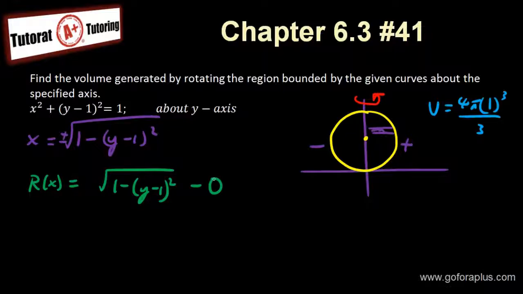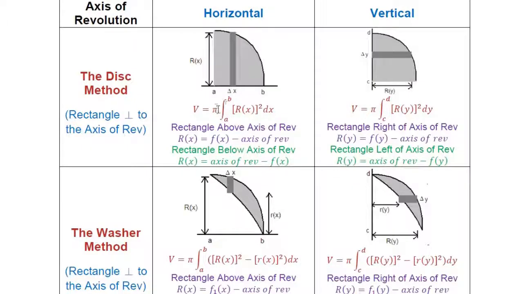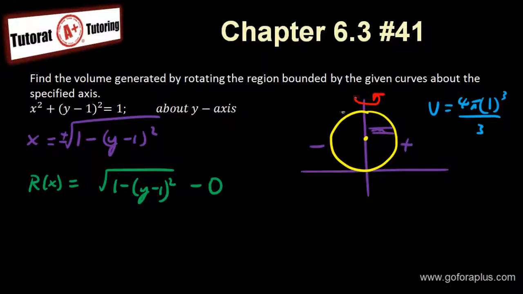Now that's my r. And what is my integral now? If you look at the formula, it's pi integral from a to b of r squared. So it's basically from 0 to 2, because this is 0 and this is at the 2. I'm summing up all the rectangles, right?